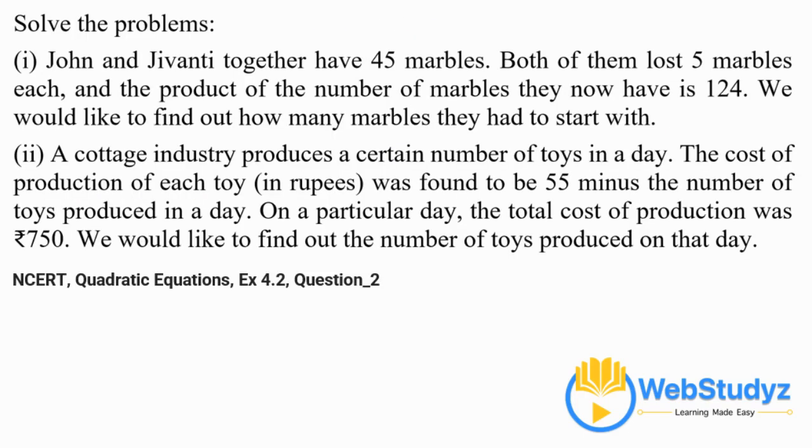So we have found out how many marbles they had to start with for the first problem, and for the second problem we have found out the number of toys produced on that day.